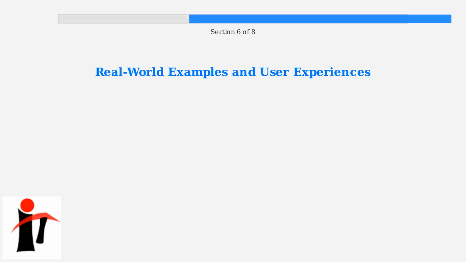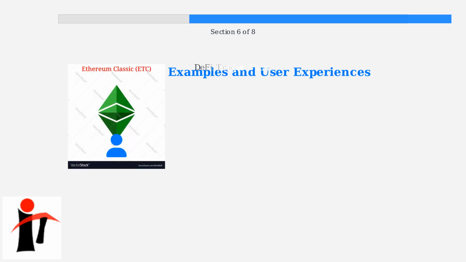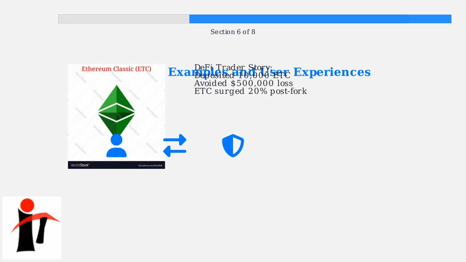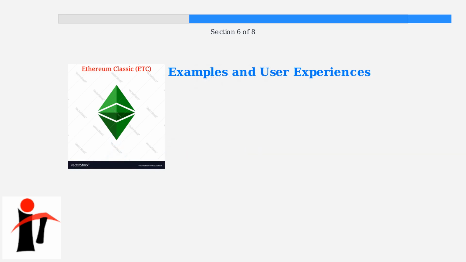Real-world examples show how proper network selection can prevent significant losses while enabling opportunities in the ETC ecosystem. Consider a DeFi trader who deposited 10,000 ETC to Binance in Q2 2025 for arbitrage trading. By selecting the correct Ethereum Classic network, they avoided a potential $500,000 loss when ETC's value surged 20% after the Magneto hard fork.